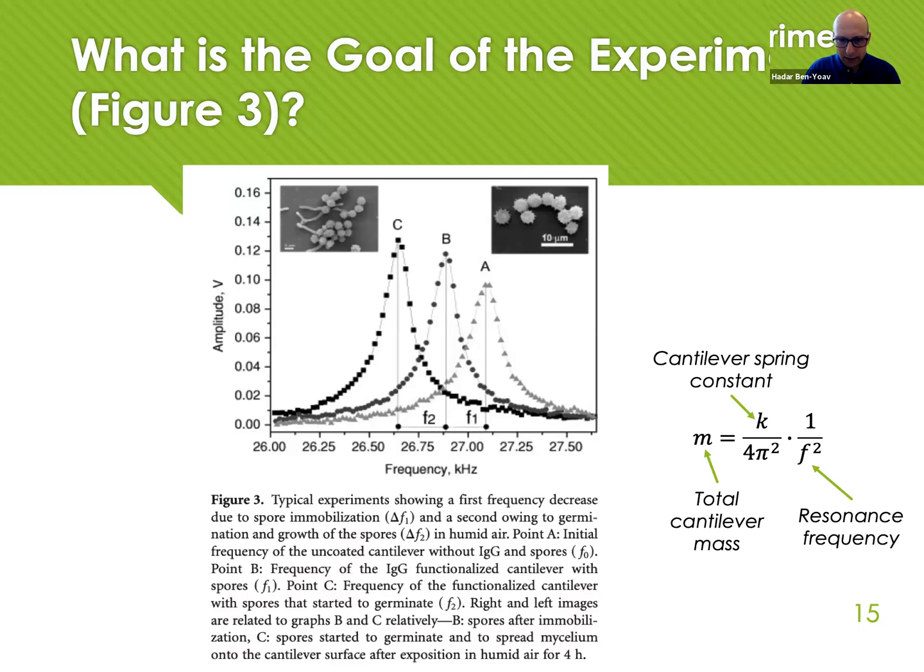So we get some change in the resonance frequency. The resonance frequency now is 26.8. Before it was 27.1. So actually the resonance frequency decreased. And it's very much related to what we saw here, because now we have more mass, so the resonance frequency will decrease.